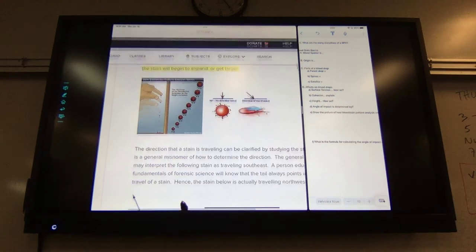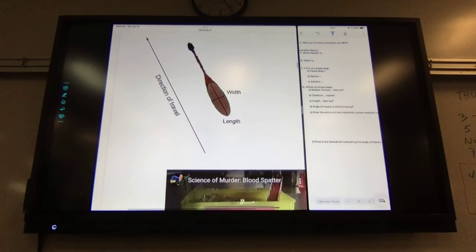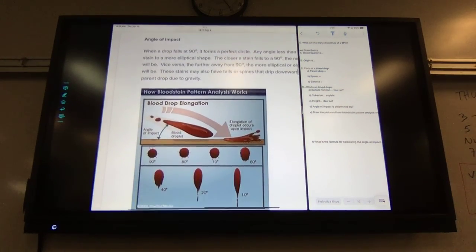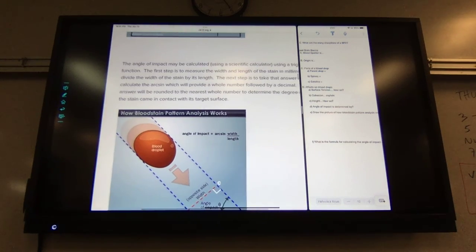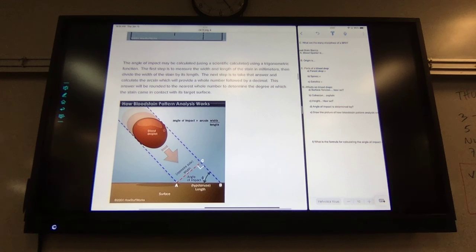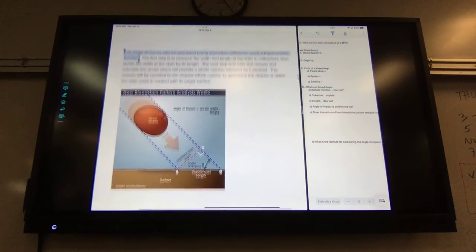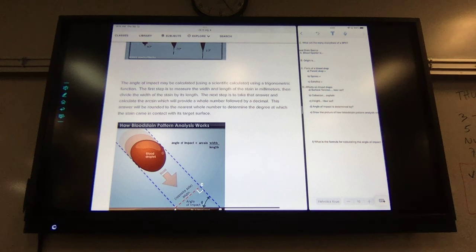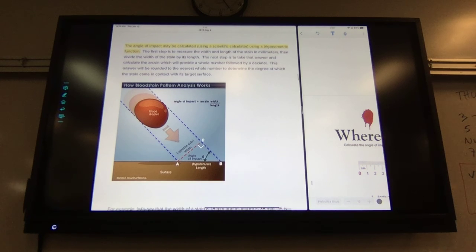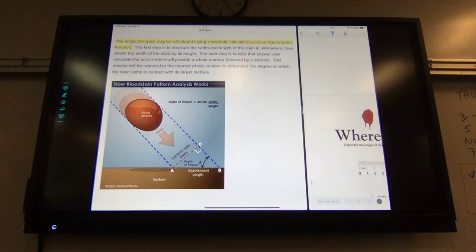So the angle of impact is determined by trigonometry. And it's by the sine, S-I-N-E.